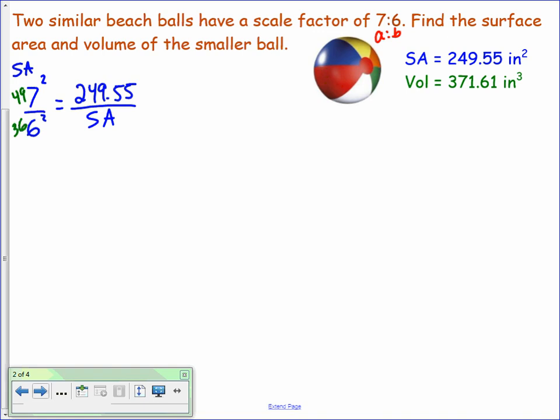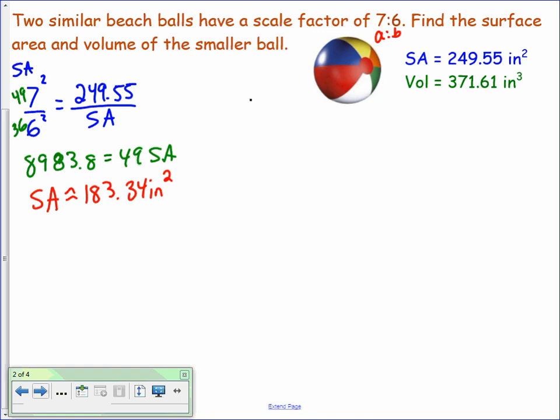We're now going to cross multiply these and solve for the surface area. One thing to remember is we're finding the smaller ball. If your surface area here is larger than 249.55, you did something incorrectly because you need to find a smaller value.